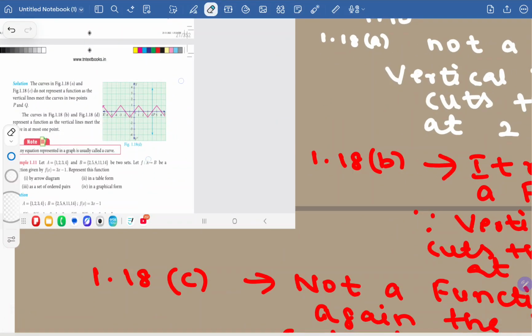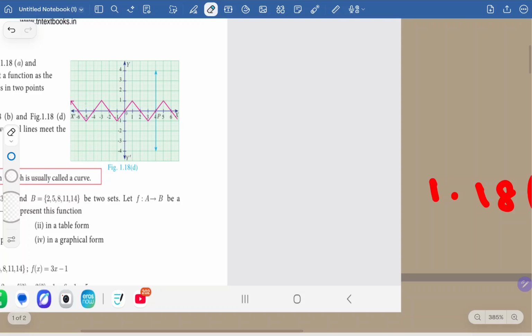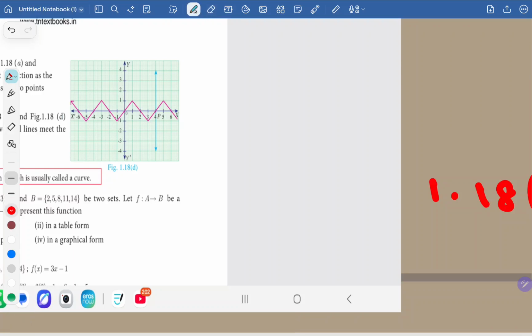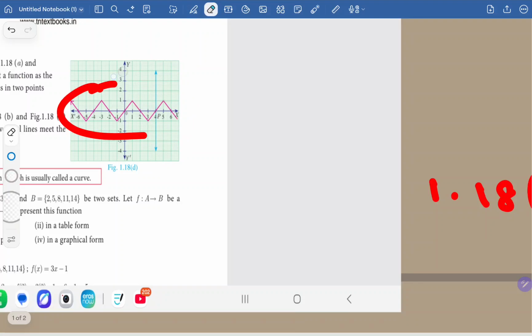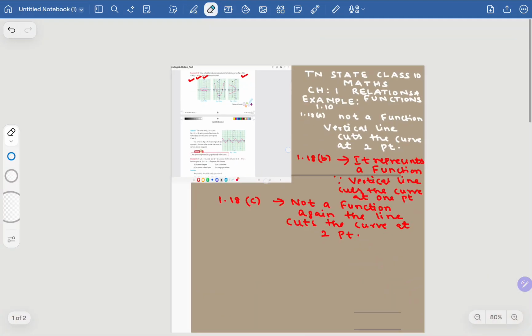Now the last graph. This is the curve. This is a line. The line cuts at 1 point. Therefore, it represents a function.